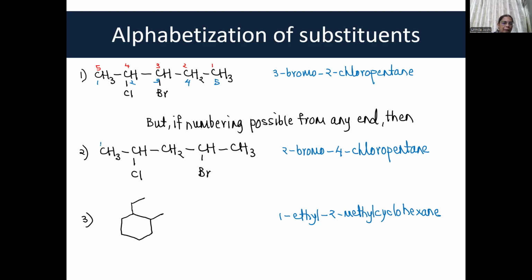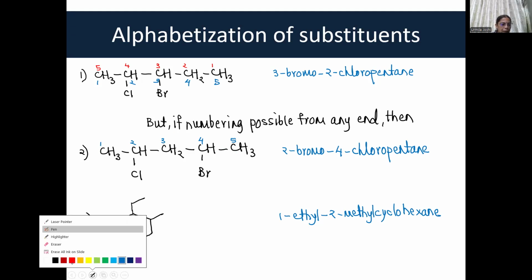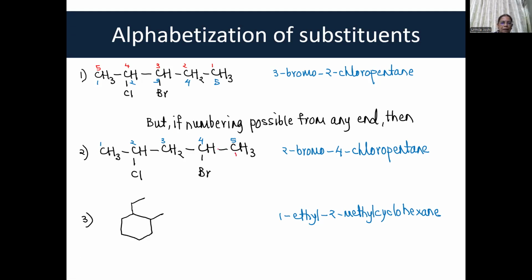But if such a thing is not possible, look at this structure. You start numbering from this end. The substituents are at 2 and 4 position. If you start numbering from the other end, the substituents are still at 2 and 4 position.